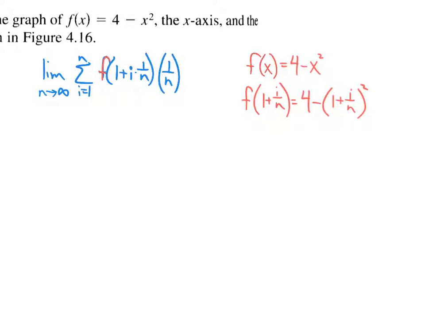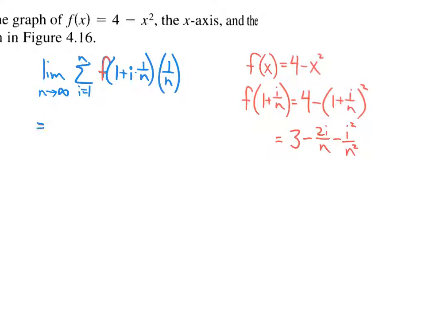Okay, so 4 minus 1 is 3, and then we have a minus 2i over n, minus i squared over n squared. I know you all know how to FOIL. So we have that, and then we plug this back in.